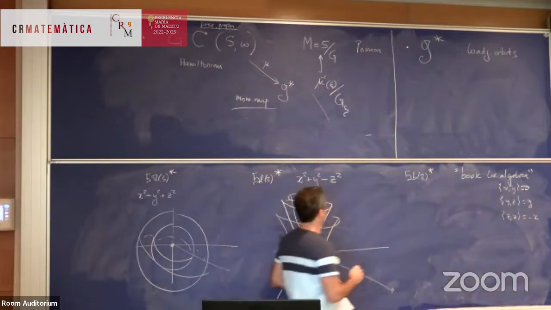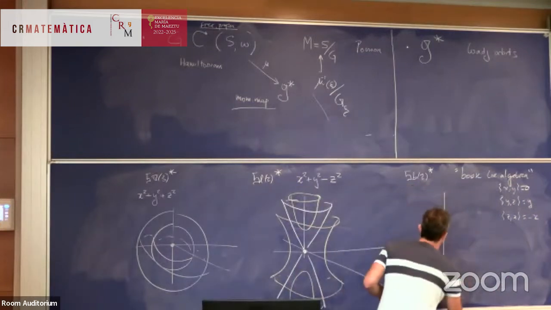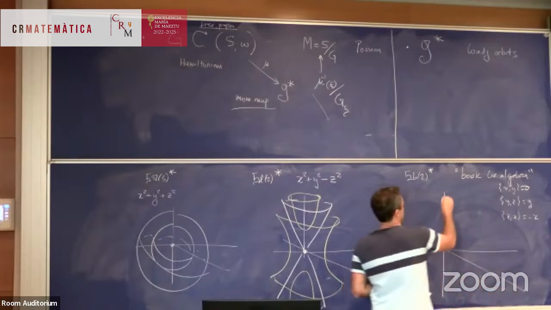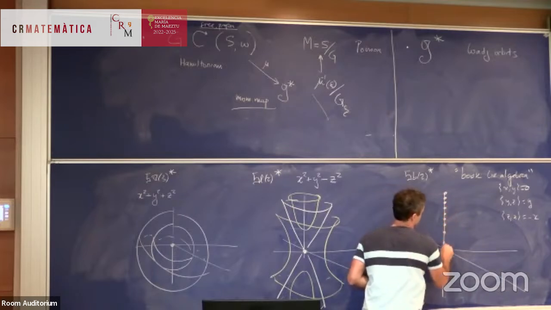Right? And in this case, the symplectic leaves look like this. So the z-axis contains a z-axis worth of 0-dimensional leaves.